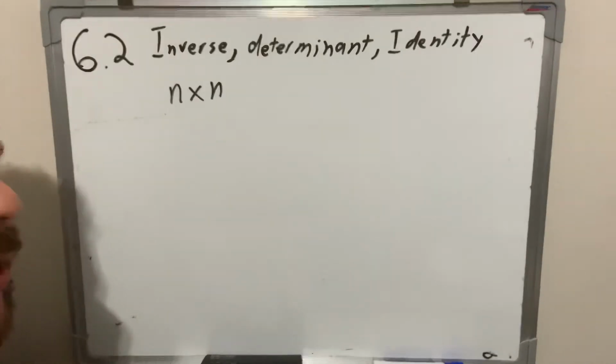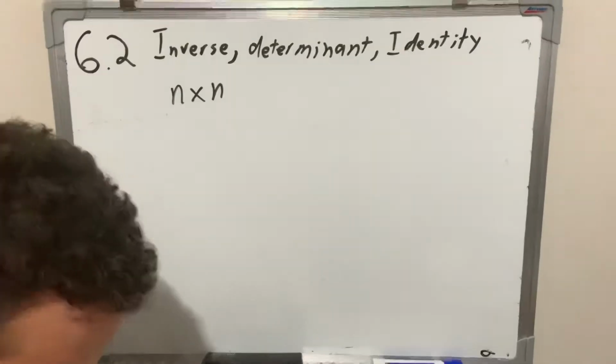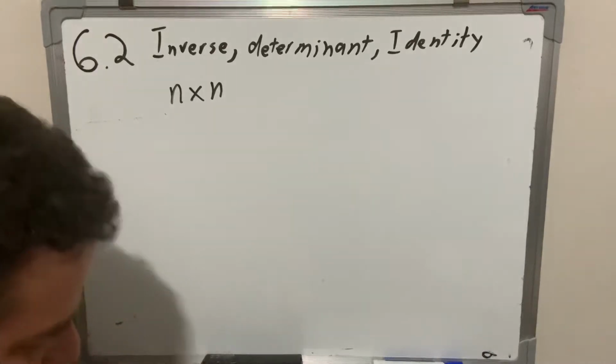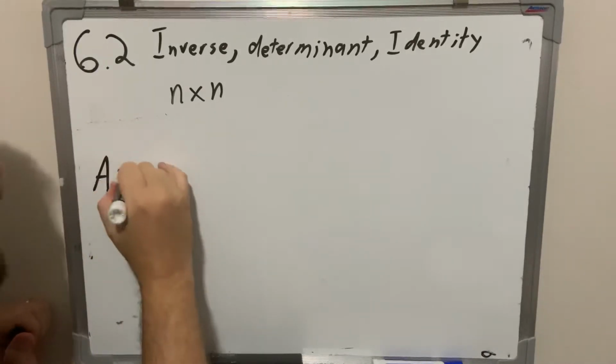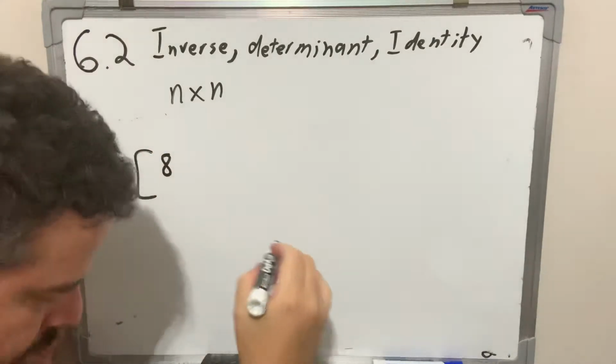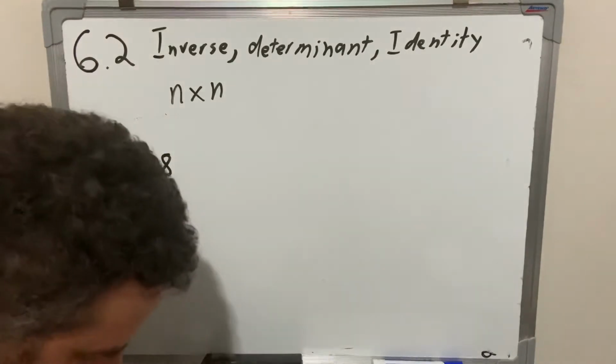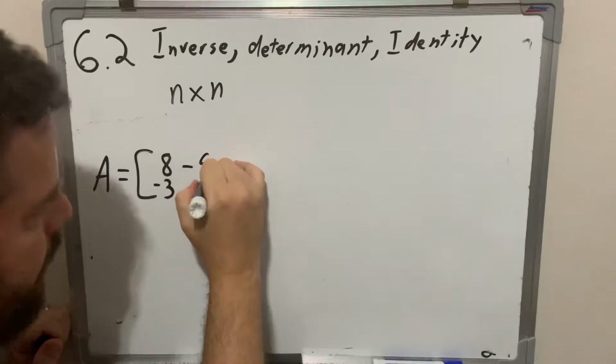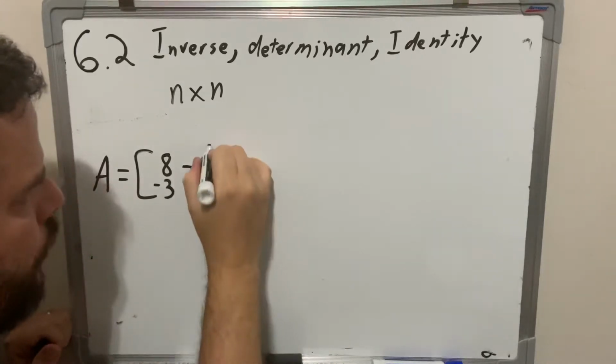Now, we're going to try to find the inverse if they give you a single matrix. So say they give me this matrix, 8, -3, -5, and 2.